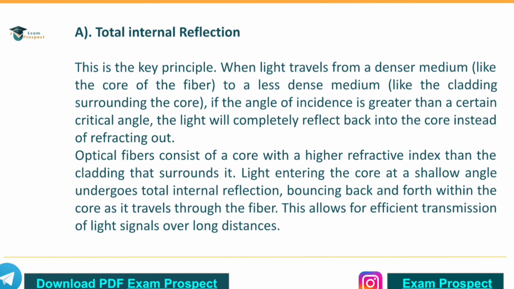An optical fiber consists of a core with a higher refractive index than the cladding that surrounds it. Light entering the core at a shallow angle undergoes total internal reflection, bouncing back and forth within the core as it travels through the fiber, and this allows for efficient transmission of light signals over long distances.